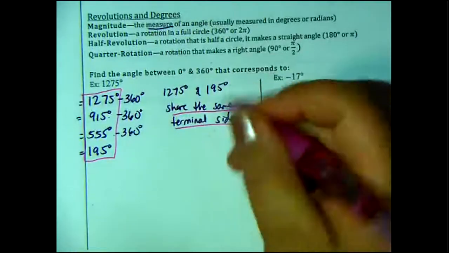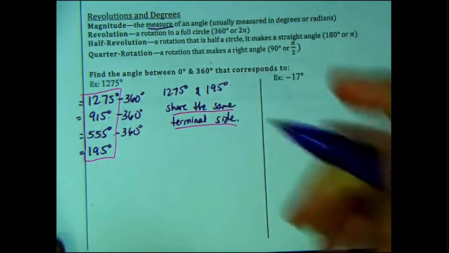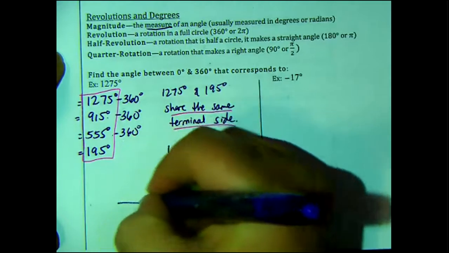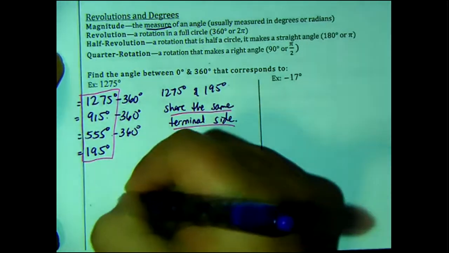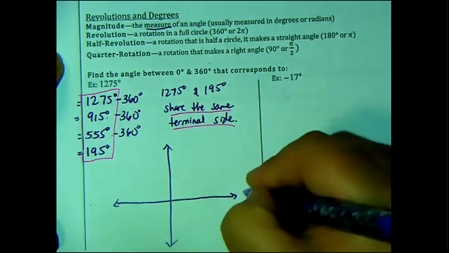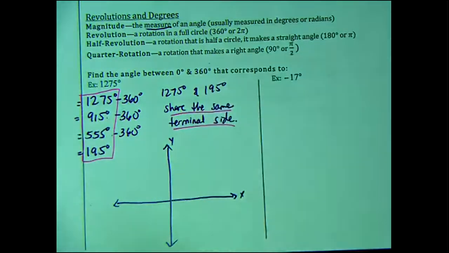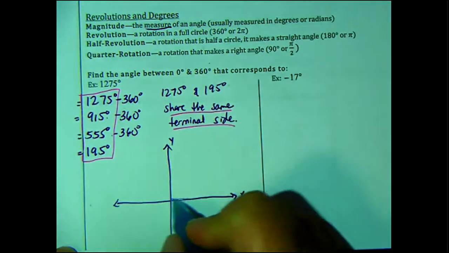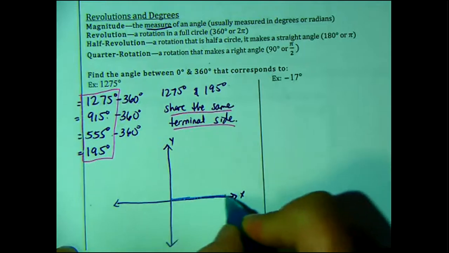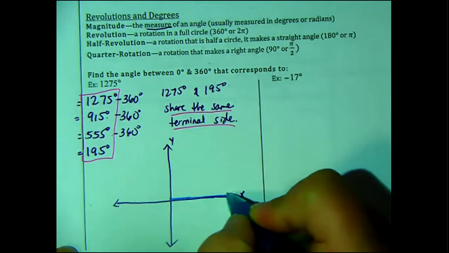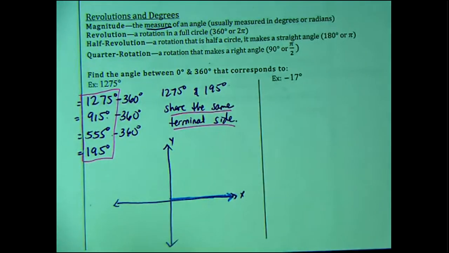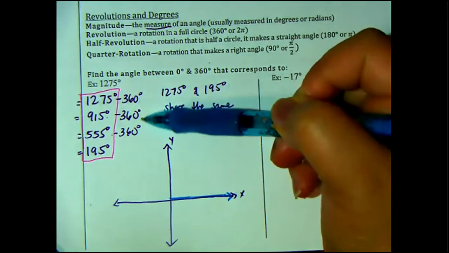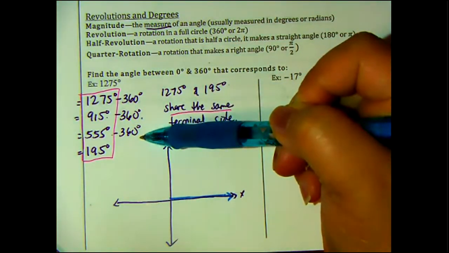Okay, so as far as our revolutions are concerned, we start with an XY. Okay, here's my X, here's my Y. Here's my initial side, always from standard position. Now, I subtracted 1, 2, 3 360s.